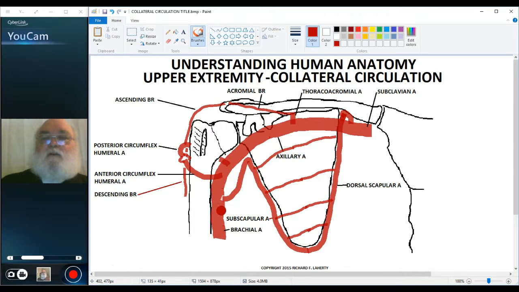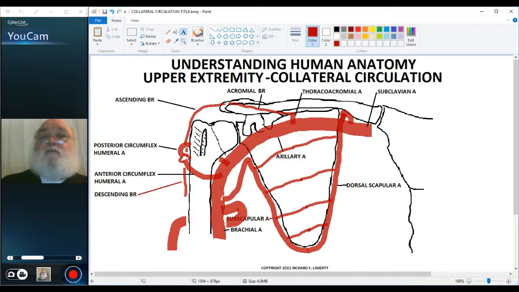And profunda is a large artery that wraps around the posterior side of the humerus and comes out and then descends down along the humerus.